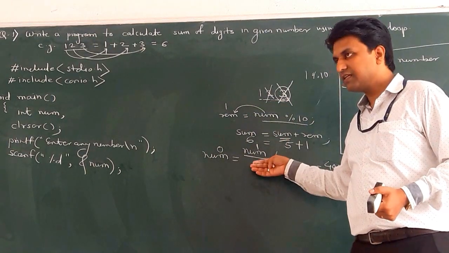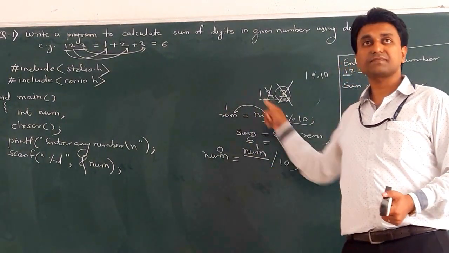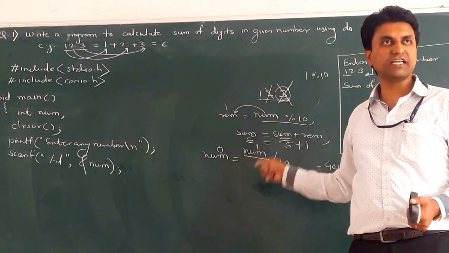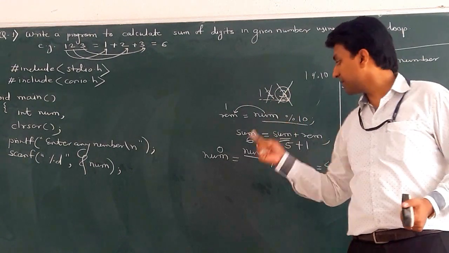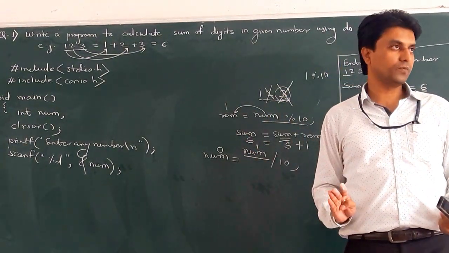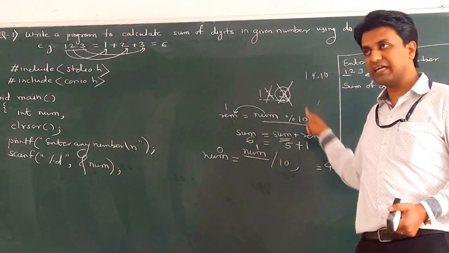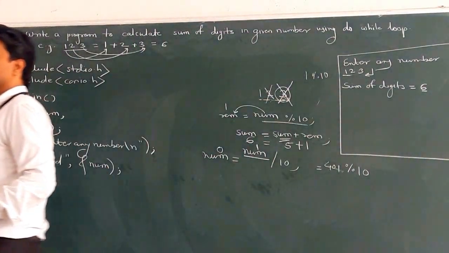If there is a pattern, first find out the pattern and repeat those steps multiple times. We stop the loop when the number becomes 0. So this is the logical part and pattern searching. Now we can implement that code using a do while loop.